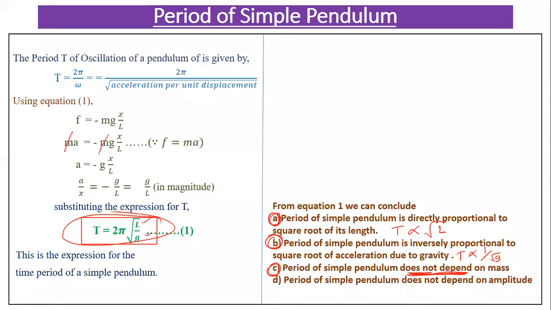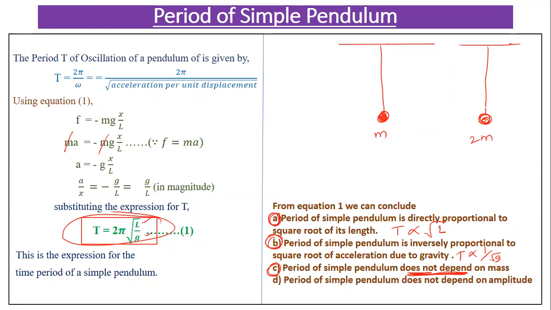It means that in problems, a question may be asked like this. If this is a simple pendulum where we use a mass m for the bob, and for the same length of string we double the mass, so the mass is 2m, then how much is the period?